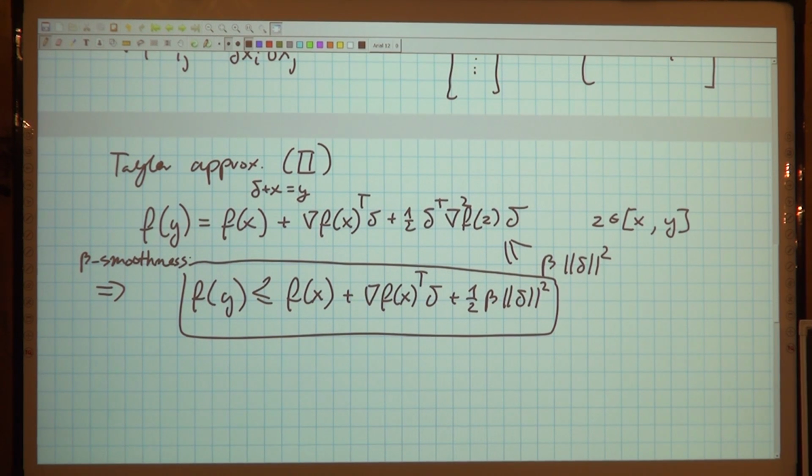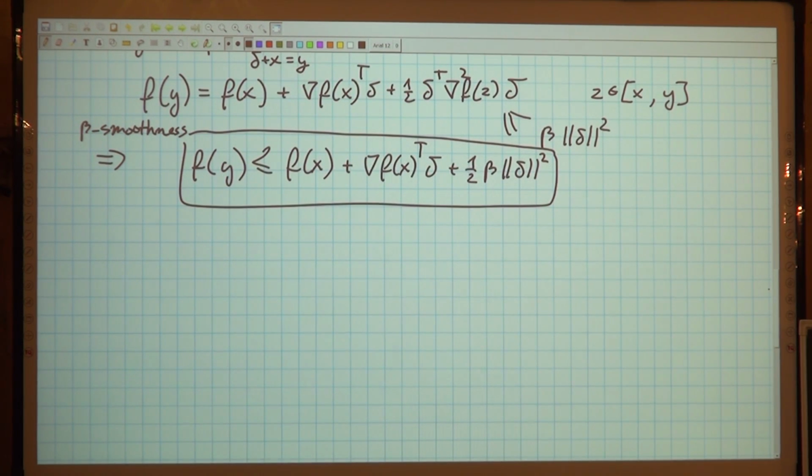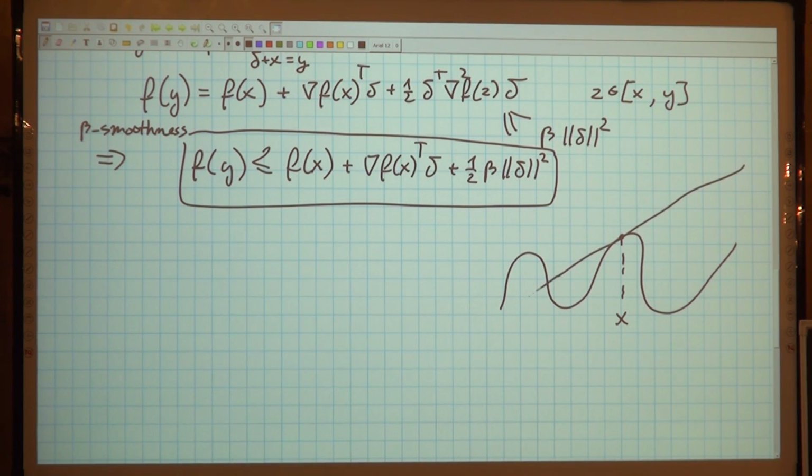Okay, so this is the condition I get about this function thanks to beta smoothness, and it has a very nice intuitive meaning graphically. Imagine that I have my function, and I look at some point. This is my x, and then I look at my linear approximation. The linear approximation degrades very quickly as I move, and it can either undershoot or overshoot.